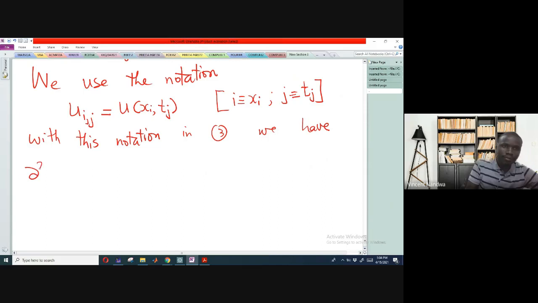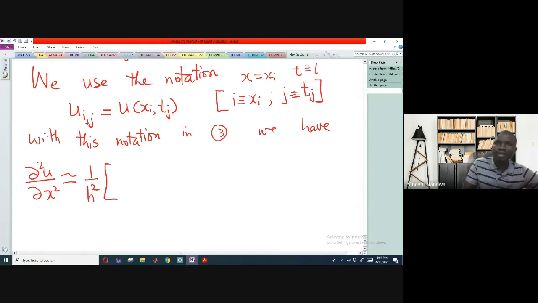Partial squared u partial x squared is approximately equal to 1 over h squared into, remember, when we have a general x, it is the same thing as just saying x sub i, and when we have t, it is the same as saying t sub j. So the first term will give us u sub i plus 1 comma j minus 2 u sub i comma j plus u sub i minus 1 comma j.